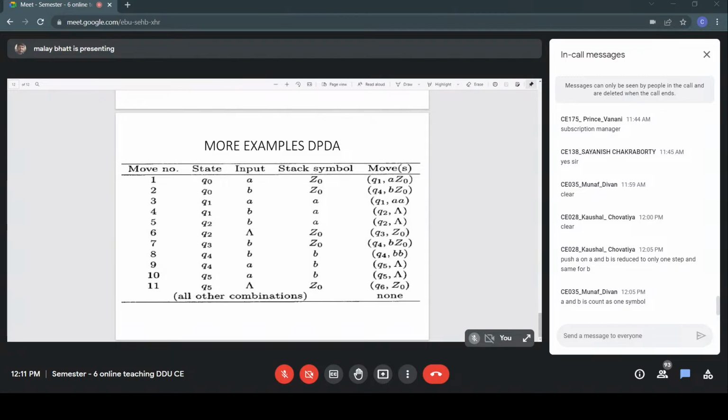Take some input string and tell what is the purpose of this DPDA, which language it recognizes. You know very well when we are changing the state, whether it is a push state, ignore state, or pop state. You can easily identify.